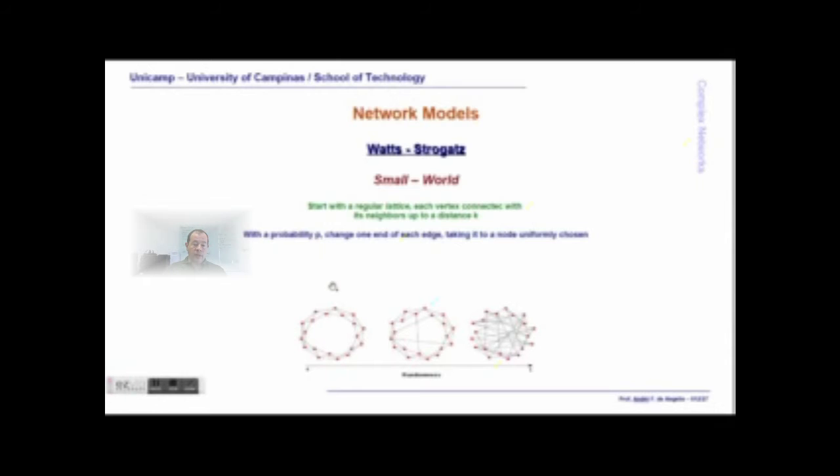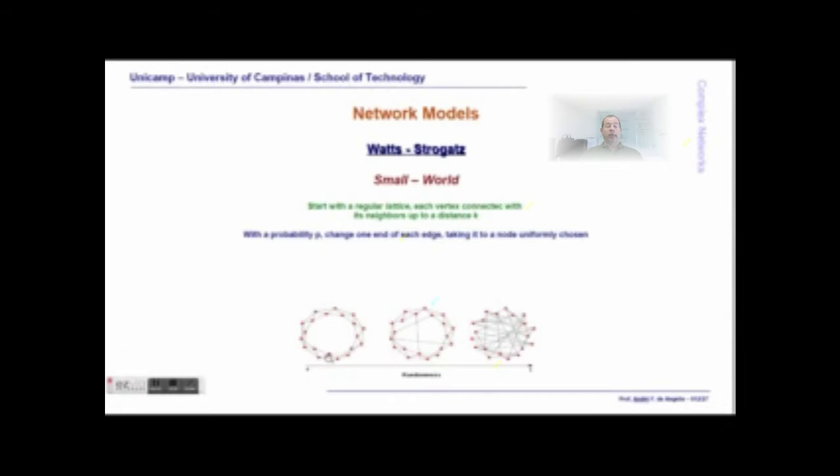Then, for instance, distance 1, distance 2, or in the drawing only distance 2. With a probability p, we change one end of each edge, taking it to a node uniformly chosen. Then I will rewire, it's the name of the process.